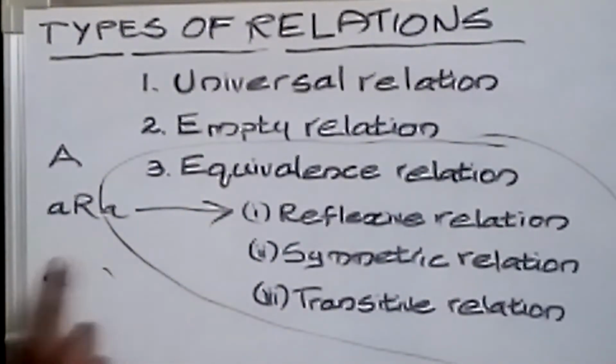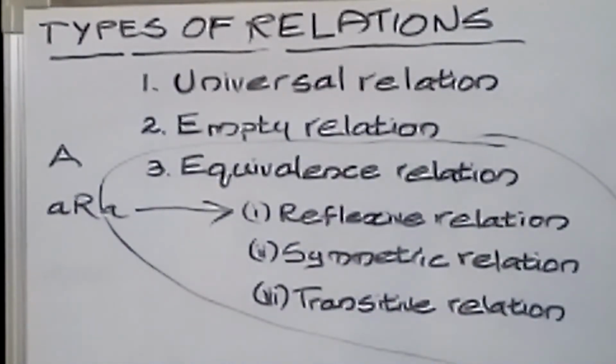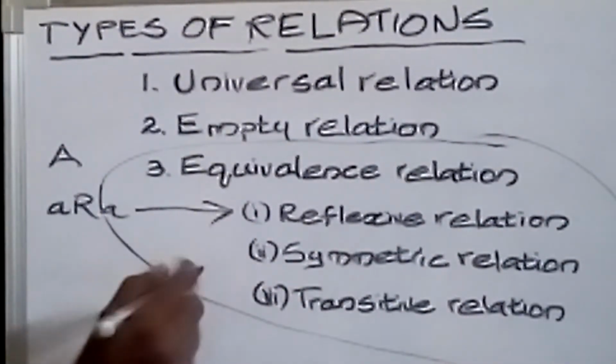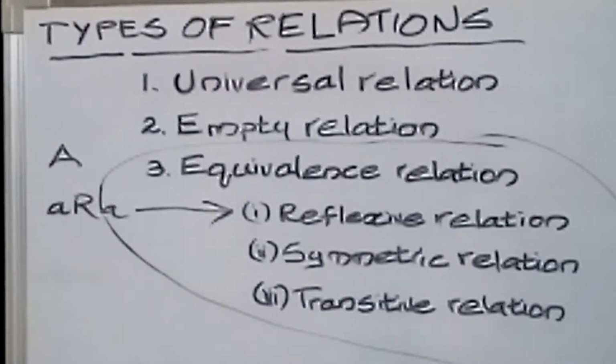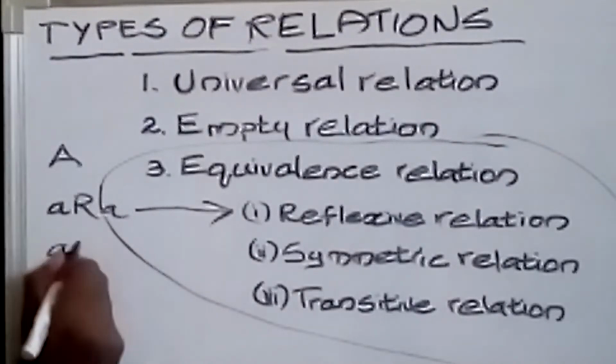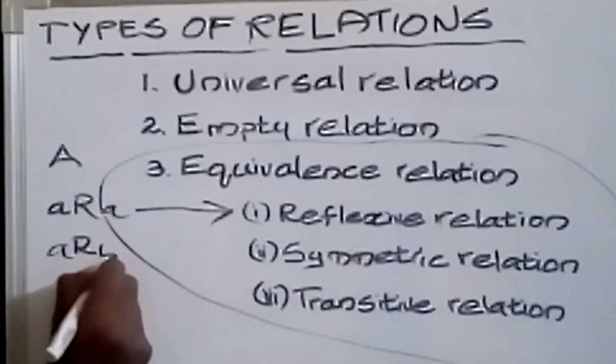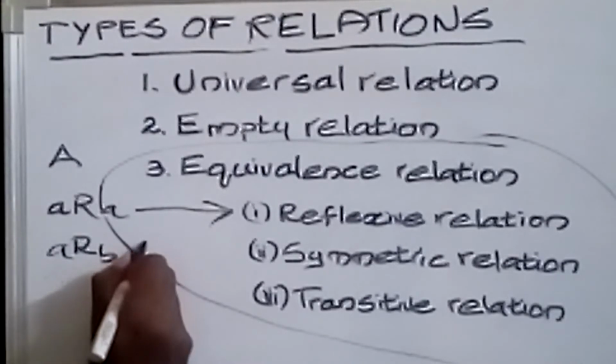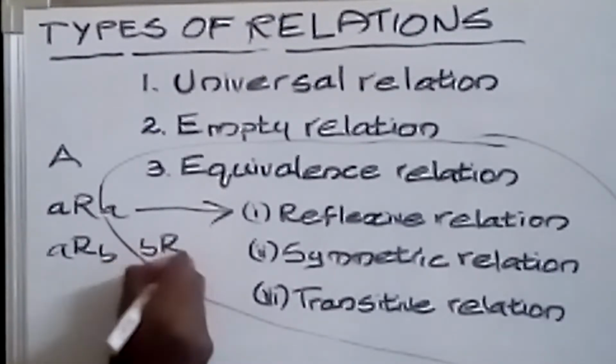Now, we are going to define what a symmetric relation is. A relation in the set A is said to be a symmetric relation when, if the element a is related to b, then b is related to a.